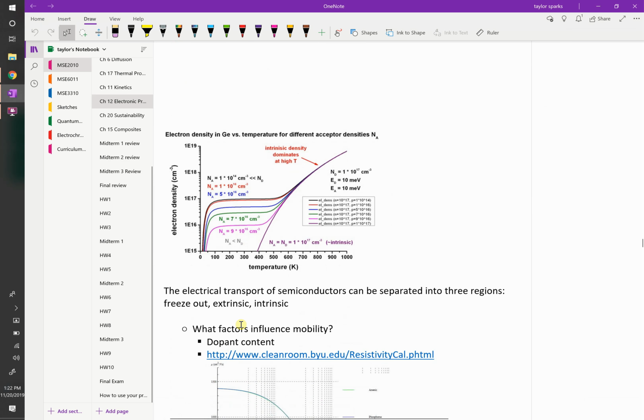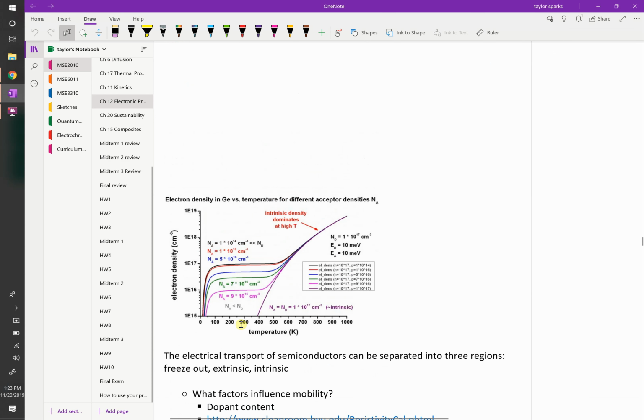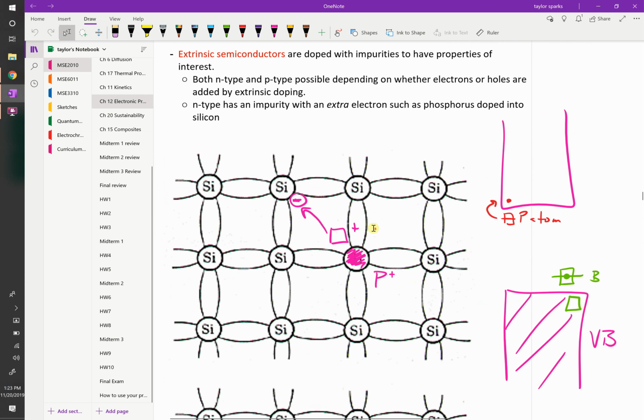Here's what happens. For an extrinsic semiconductor, this is the electron density, so the carrier concentration of electrons. This is the intrinsic semiconductor line over here. As you heat it up, it just gets better and better because it's got more and more carriers jumping the gap. But think what happens with an extrinsic semiconductor. It has something that doesn't require very much energy, and there's a finite number of them.